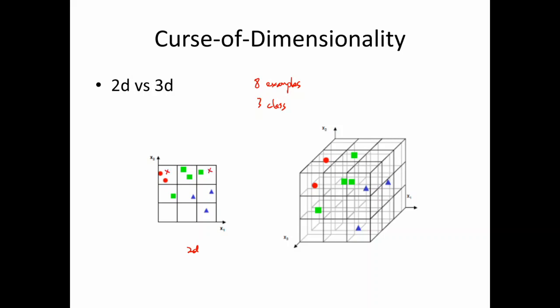Anything here would be labeled as square. Something here would be labeled as triangle. If you look at the 3D case, the same examples no longer fill up the space. It's hard to draw, but if you have a new data point falling right here, we can't really tell whether it should be a triangle or square. You probably need a lot more examples to have a well-performing classifier.